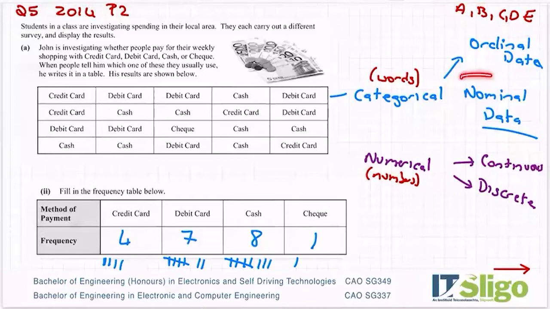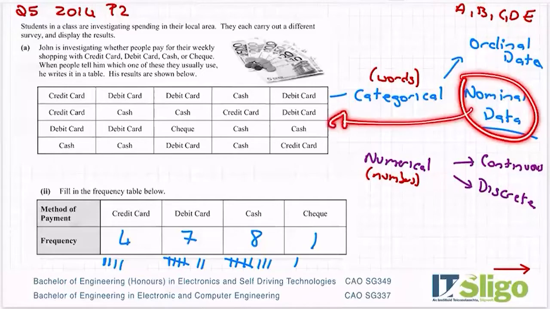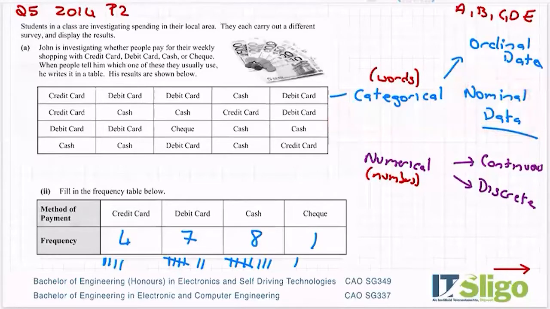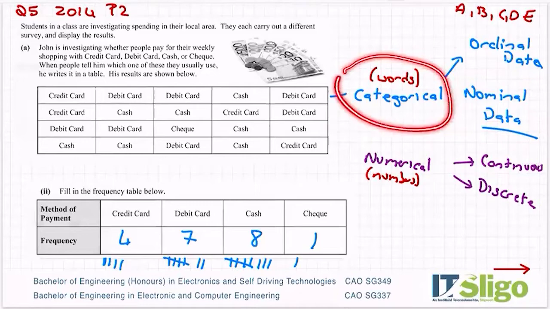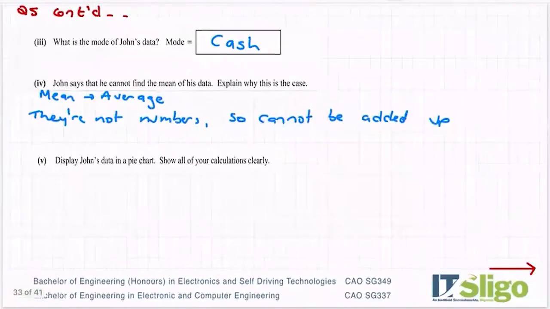Whereas if I look at nominal data, such as this data here, there's not one of those methods better than the other. They have no order. It doesn't matter whether you say cash or credit card, there isn't one better than the other. Color of your eyes is another obvious one for nominal data. Okay, so where was I going with that? Well, you cannot get the mean of categorical data, because it's not numbers.